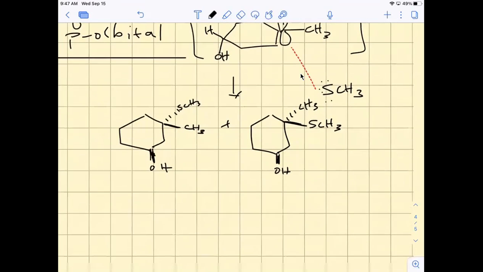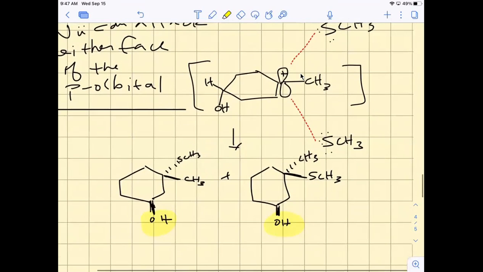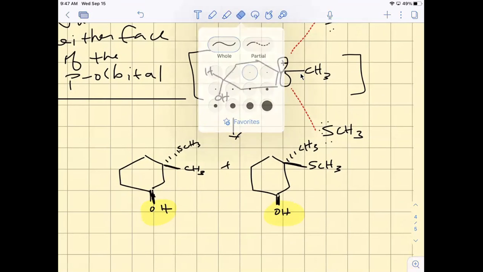Right, and depending on how much influence that OH group has on the outcome, which probably would be very little because of where it's positioned. No, it should be over here. Sorry, let me fix that.